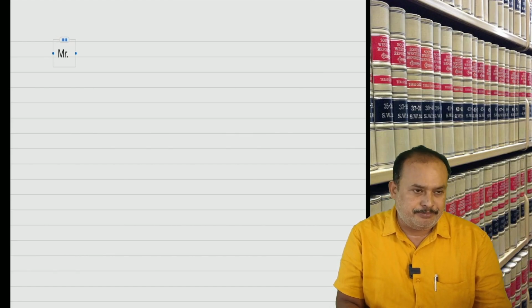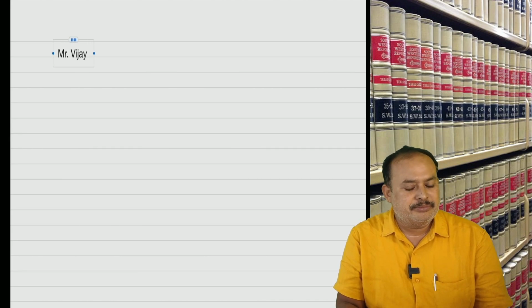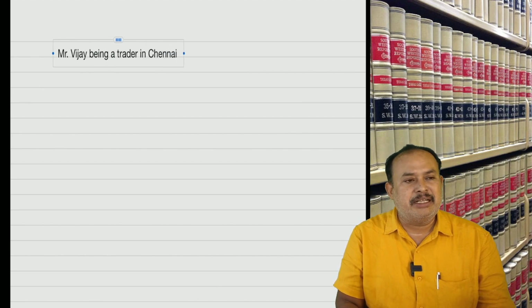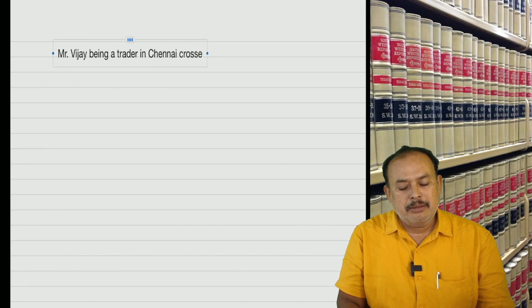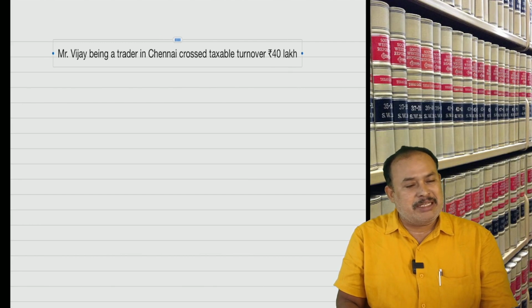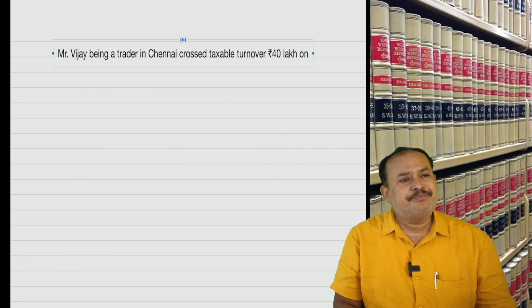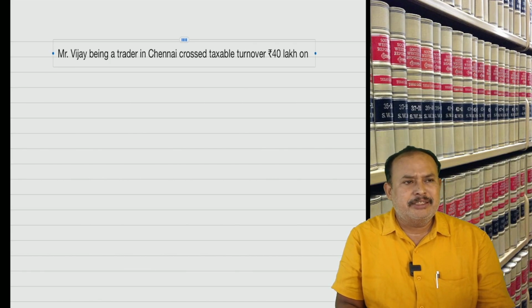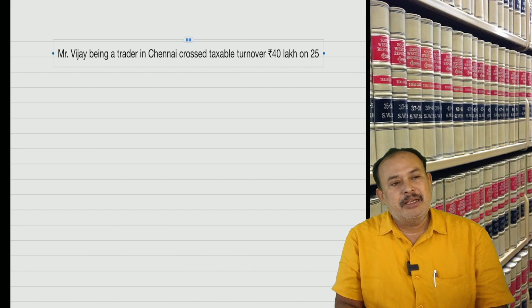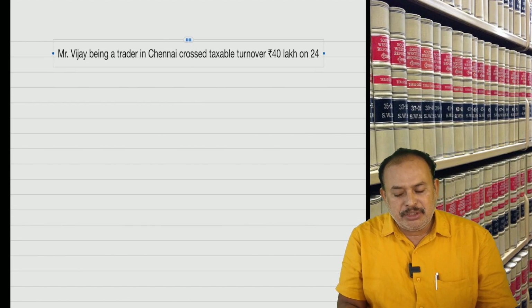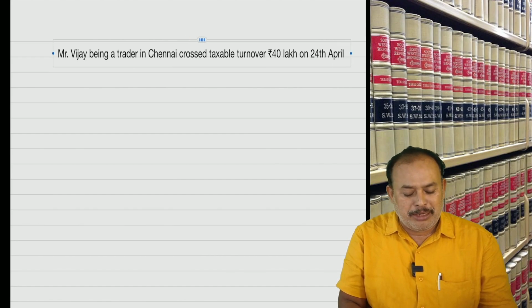Here, Mr. Vijay, being a trader in Chennai, crossed a taxable turnover of rupees 40 lakhs on, let us say, today, the 24th of April 2025.